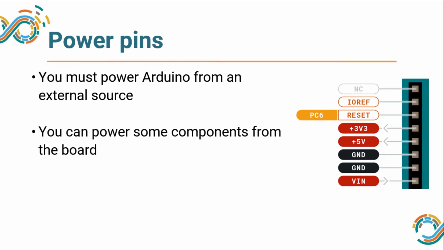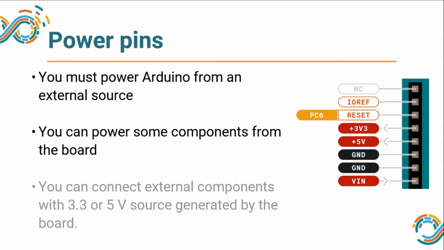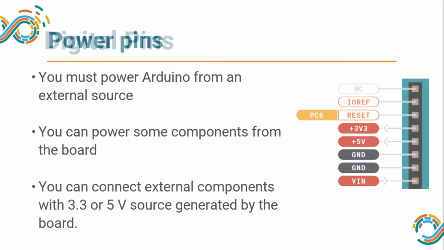You can power your components like your sensor, which needs ground and VCC, or your motors, anything. Wherever you need 5 volt, 3.3 volt or ground, you can use these. You can connect these supply for the breadboard purpose.